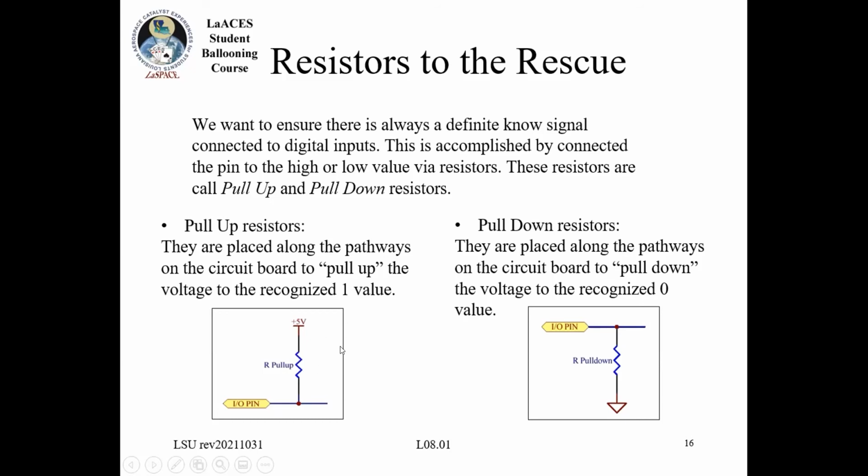And conversely, when this is at 5 volts, it's at the same voltage here, so there's no current across the resistor, and then there is a 5 volt signal. So basically, anytime you are using a digital signal, you will want to use a pull-up resistor or a pull-down resistor. And in fact, a lot of microcontrollers have these pull-up and pull-down resistors built into the circuit.